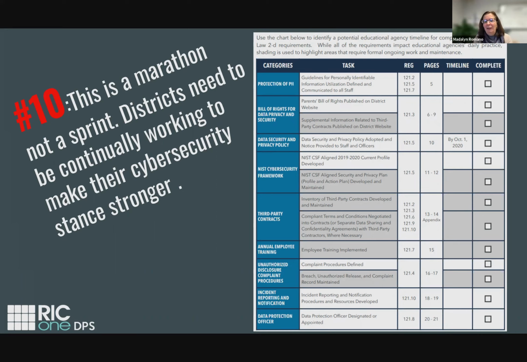It runs the gamut, but there's only one person who's fortunate enough to only have this job, and they're way ahead of all the other districts, because that's all they do. So I know Michael was saying that most of the folks on this call are the DPOs for their charter school, but you have a lot of other hats too.